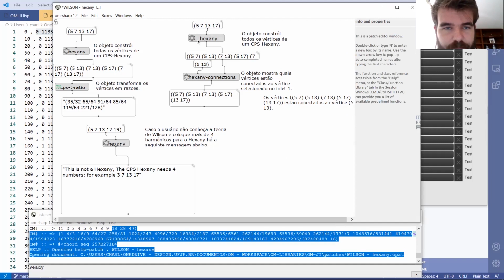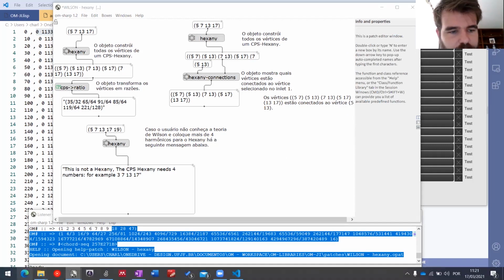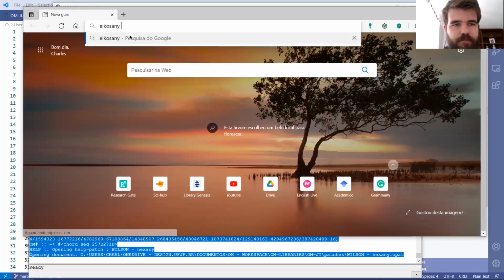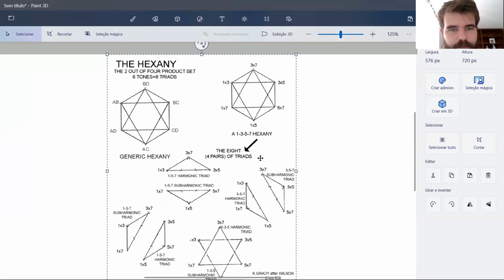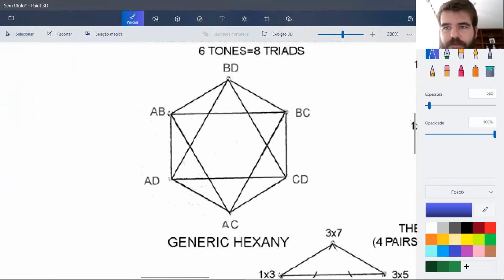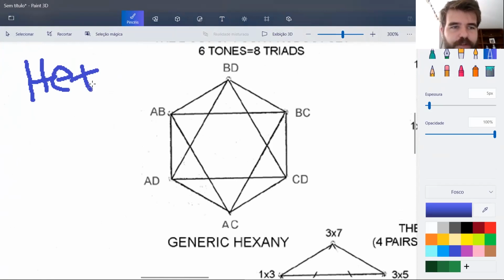You can see here, if I search on the internet. Here I have 2 harmonics. This is a hexany.